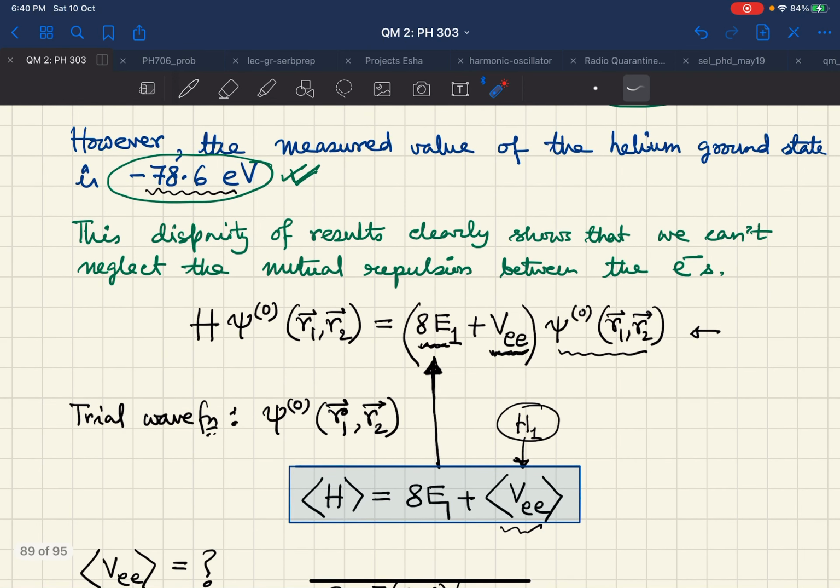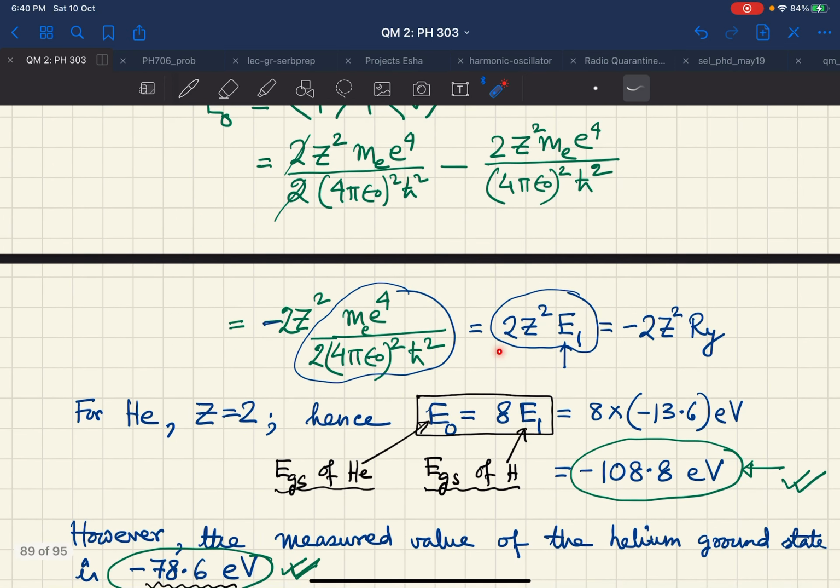Therefore I write down the Schrodinger equation as H times psi 0 (R1, R2), where psi 0 (R1, R2) is the trial wave function with which we started, equal to 8 times E1. What is this 8 times E1? It comes from the fact that when we neglected the electron-electron repulsion, we obtained 2Z squared times E1, and if Z is equal to 2, this gives us 8 times E1.